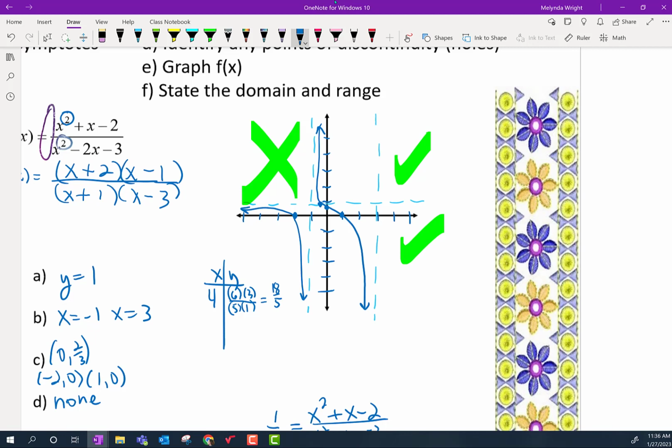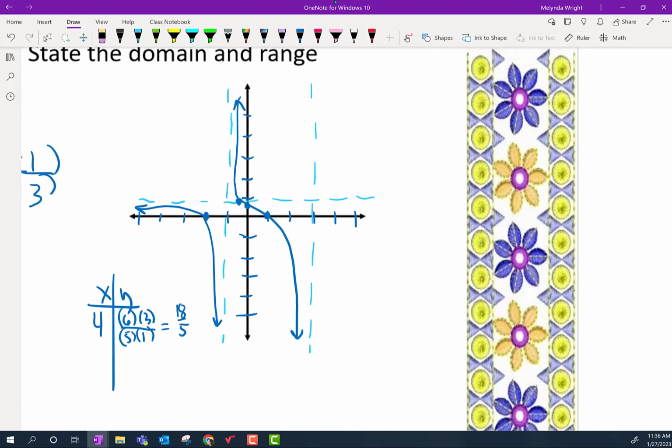Anything you want. But we can see that our point is at 4, 18/5. Let's see, what is 18/5? What's like 3 and something, right? 3 point something. So that means, let me get rid of my little marks here. That means that at 4, we're at 3 point something. 1, 2, so up here somewhere.